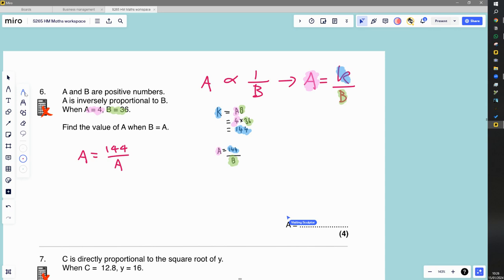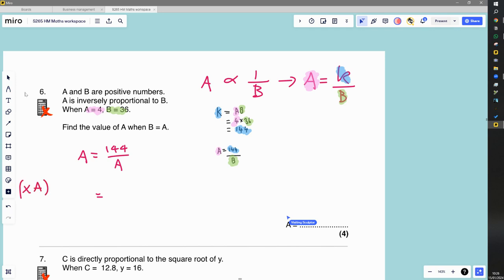So I've got A on the left, I've got A on the right. I'm going to move my A on the right to the left by multiplying both sides by A. At the moment, the right-hand side is being divided by A. So I'm timesing by A on both sides.